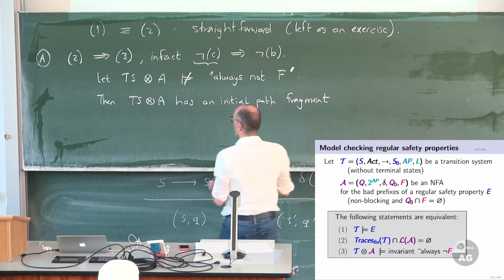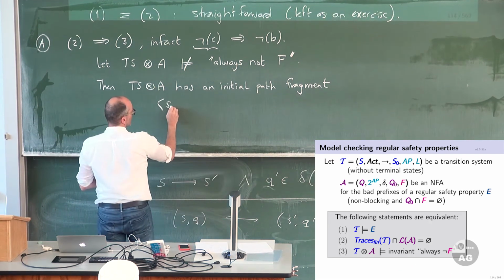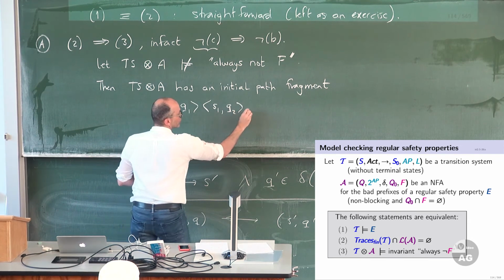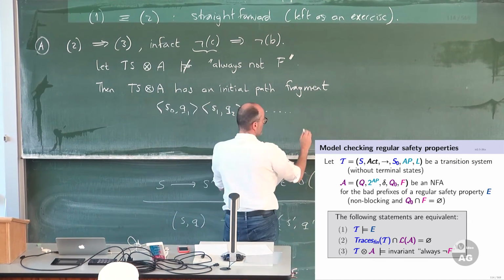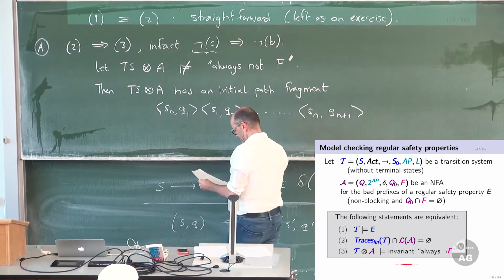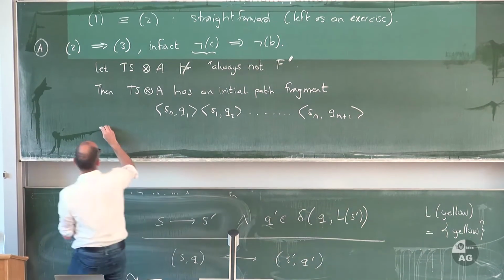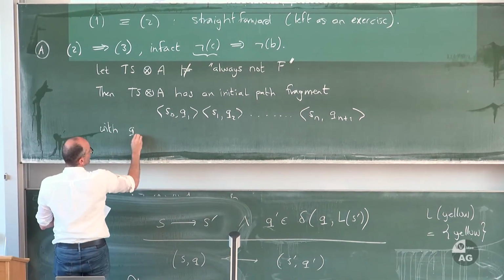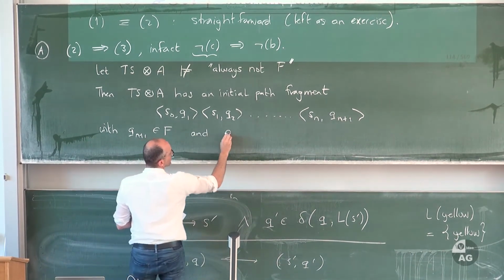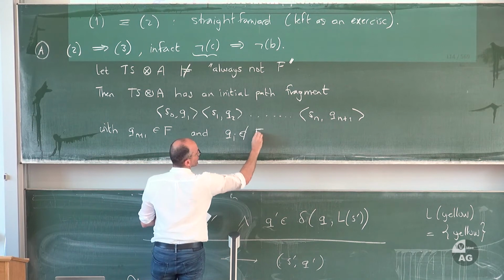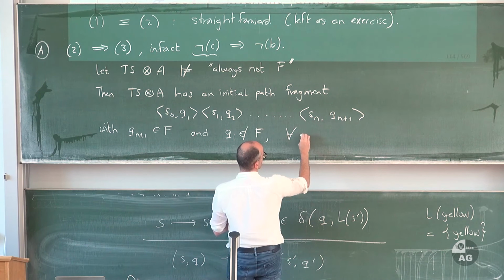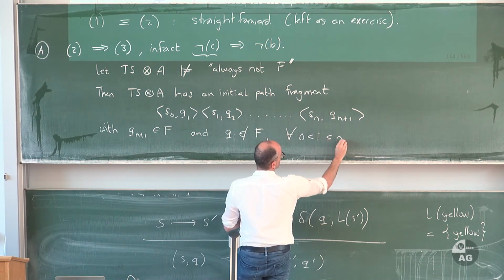Let's call this the following path fragment: S0, Q1, S1, Q2, dot dot dot, Sn, Qn plus 1, such that Qn plus 1 belongs to F and Qi does not belong to F for all 0 less than i up to n.